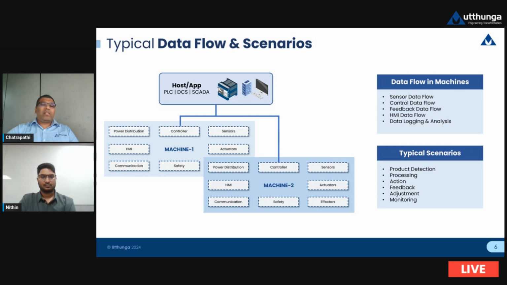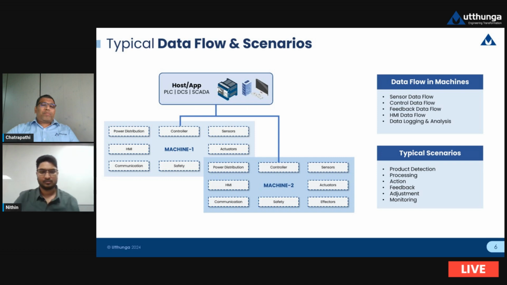It displays that data for the operators. Typical use cases include showing production rates, or any error messages or alerts that are raised by the rest of the components on the machine, or any maintenance alerts. All these can show up, and then the operator can address those.